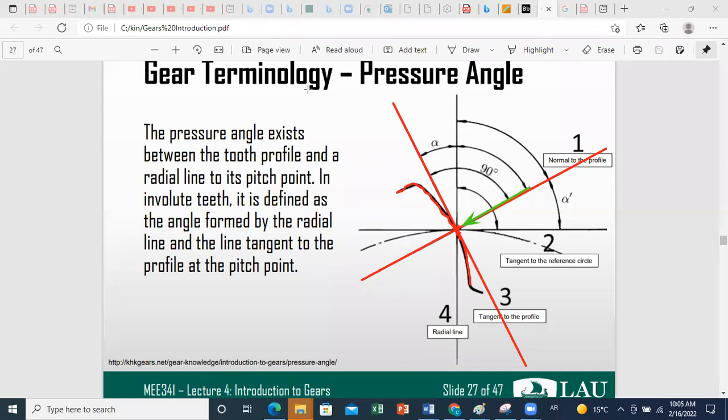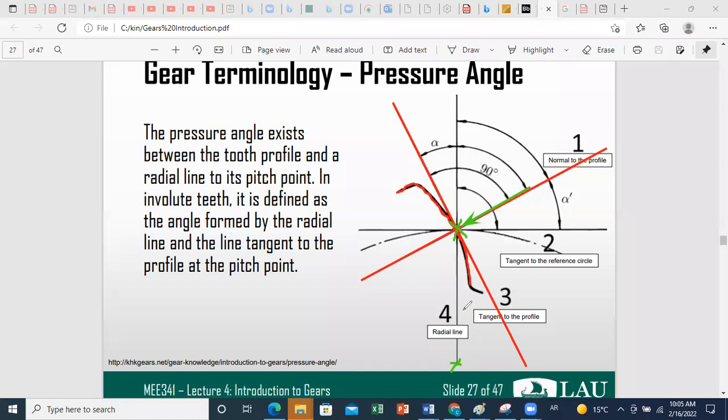Now, we said that this contact point, if you remember, will lie on your pitch circles, and this will allow you to define the pitch radius for each of your two gears. The radial line will join the centers of your gears.